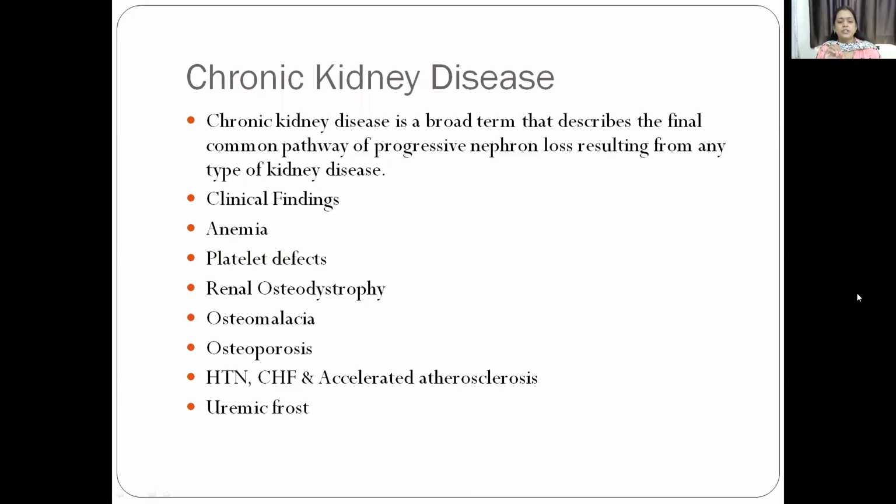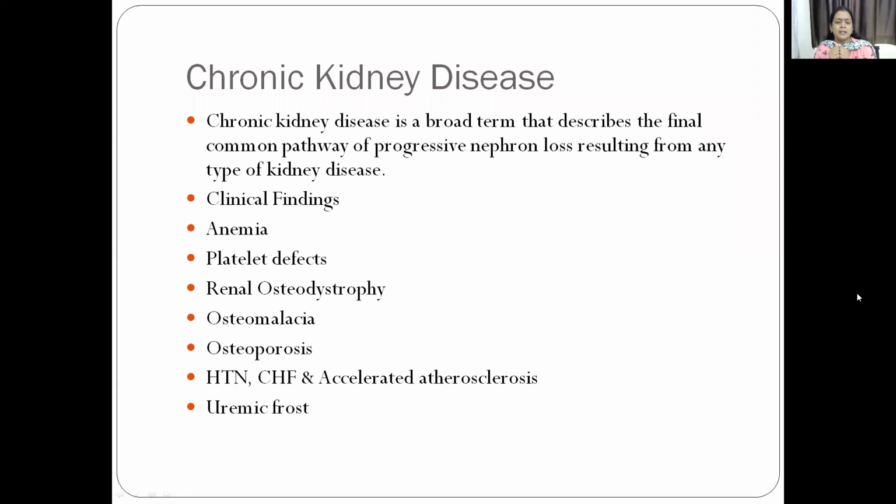Okay, hypertension, congestive heart failure, and accelerated atherosclerosis. You know that in kidney disease, blood pressure is maintained by the renin-angiotensin system, right? Whenever there is chronic kidney disease or a broad disease going into chronic renal failure, they cause abnormality of the functioning of the renin-angiotensin pathway.